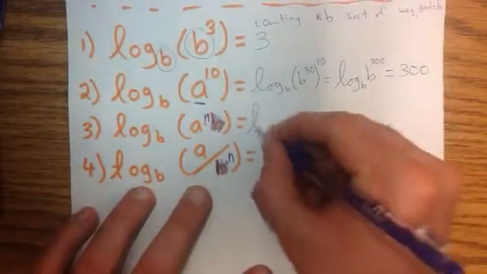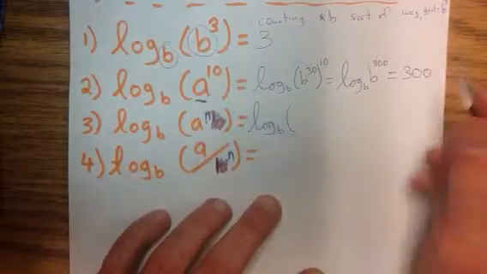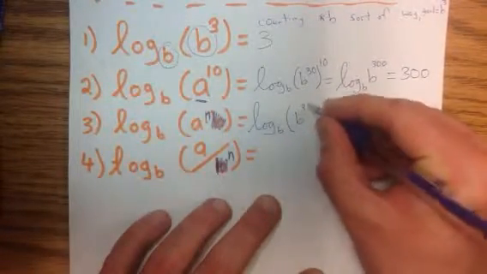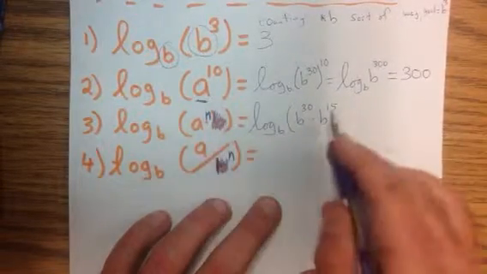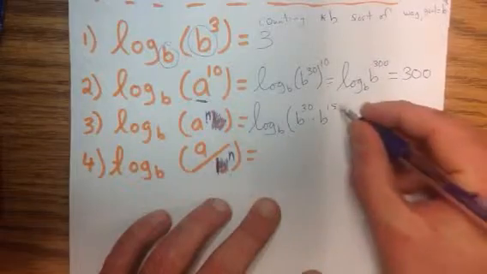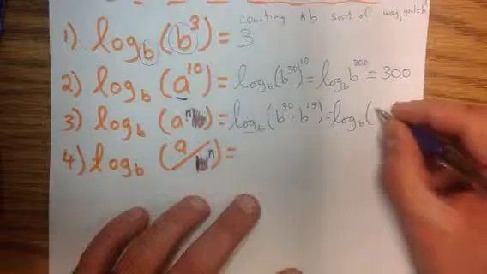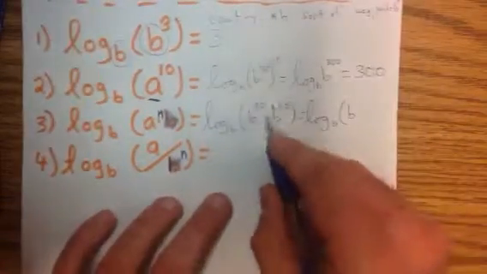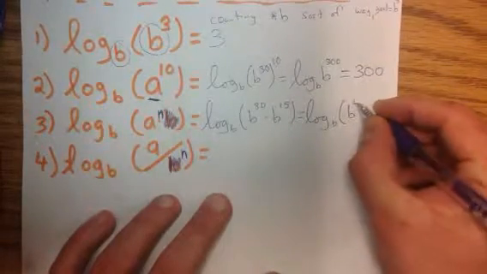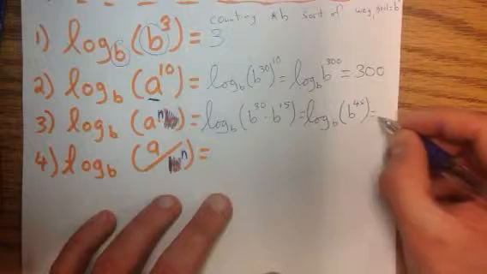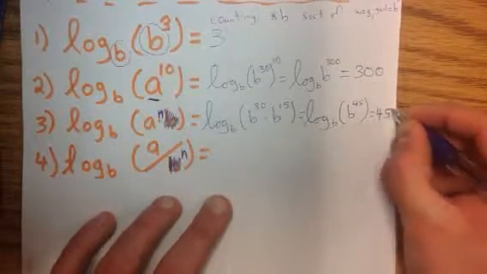So here, we're going to rewrite this as log base b of b to the 30th times b to the 15th, because n is b to the 15th and a is b to the 30th. Well, there are 30 b's being multiplied here, then 15 more, so that's a total of 45 b's being multiplied. Once again, once we're in this situation, the answer is very easy. 45.